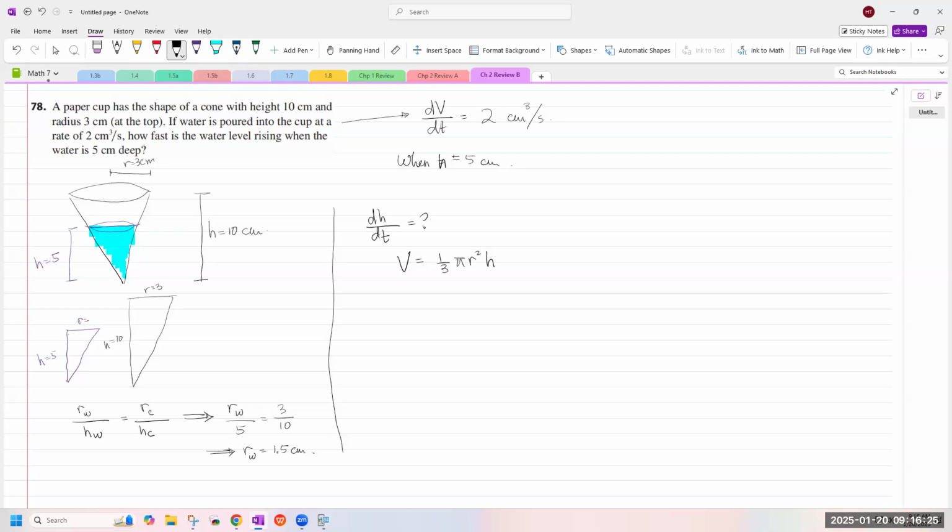But if I do the derivative of the volume with respect to time, I need to do the product rule. dV/dt equals, by the product rule, 2/3 pi r h dr/dt plus 1/3 pi r squared dH/dt.